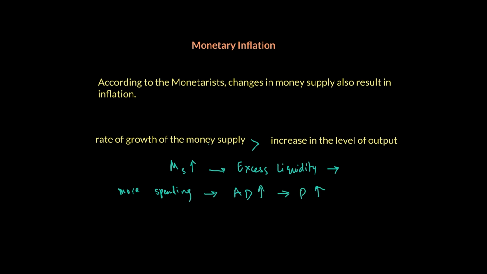Now, this makes sense if we are looking at a situation where the economy is already at a full employment kind of situation, where you don't have the flexibility to increase output, and as a result the rise in AD due to a rise in money supply is causing pressure on prices, which means that the prices will go up.